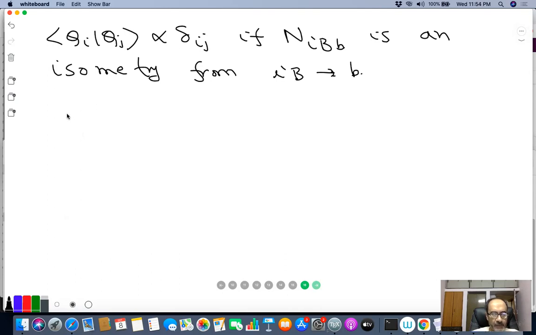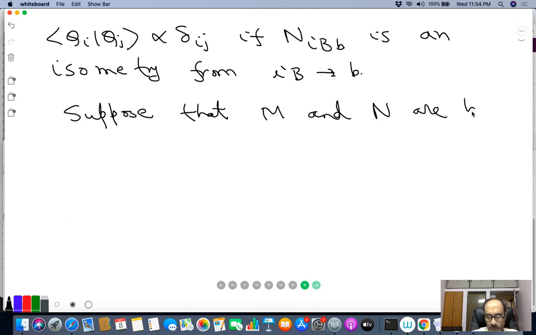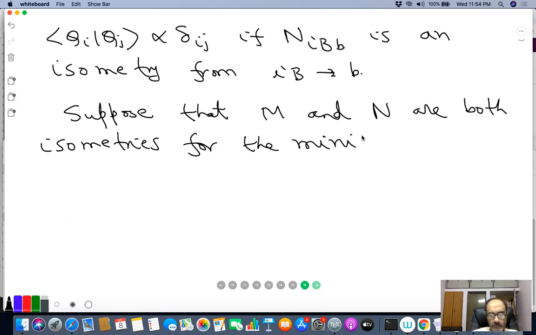So let's suppose that this is true. Now it's clear that this can only happen for the minimal length cut.